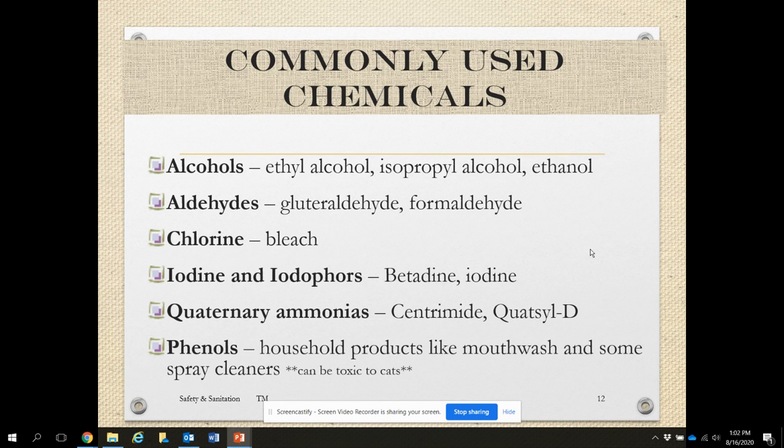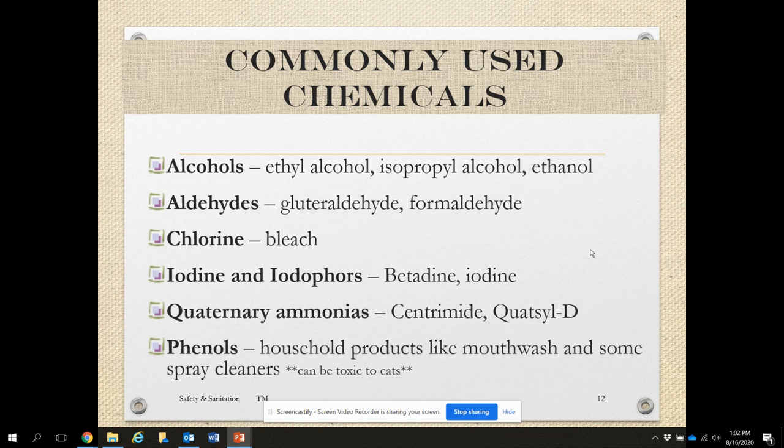Commonly used chemicals. So we have some alcohols that we use, some aldehydes that we use, like formaldehyde. Second semester, when we dissect our rabbits, they will be stored in formalin, which is a cousin to formaldehyde. Chlorine, bleach. Iodines, I just mentioned betadine and how we use that to prep an animal for surgery.